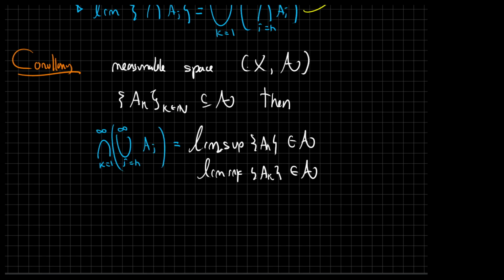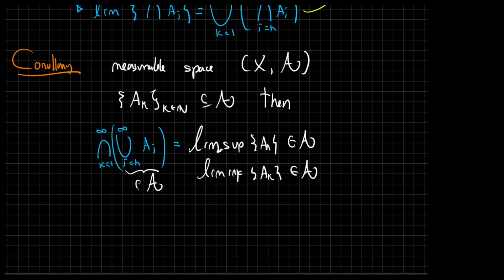So this intersection is a countable intersection of elements of the sigma algebra. We showed that countable unions are always in the sigma algebra, so this is an element of the sigma algebra.